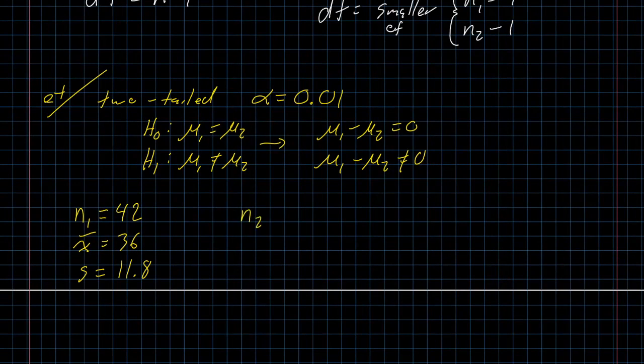Our second sample will have 17 members. It will have an average of 32, and it will have a standard deviation of 9.5.